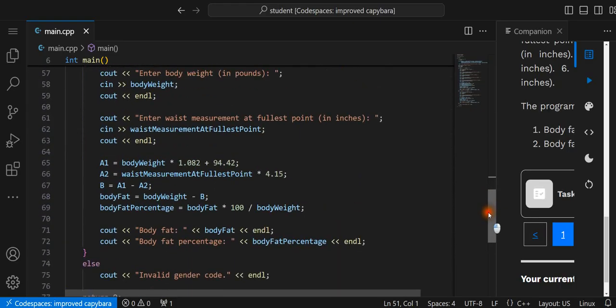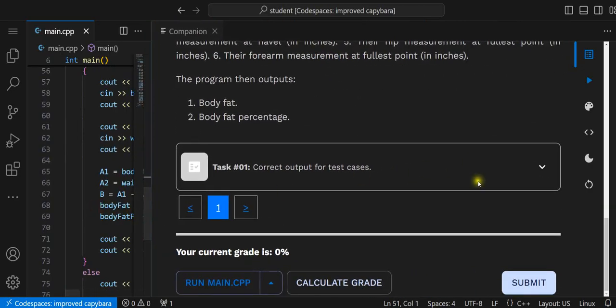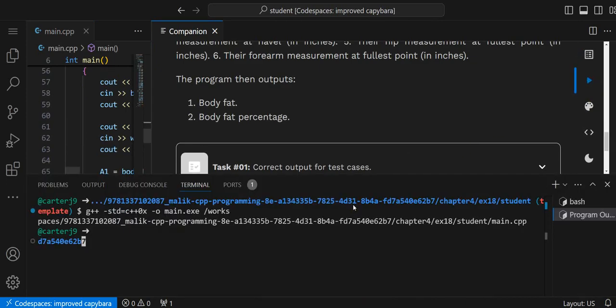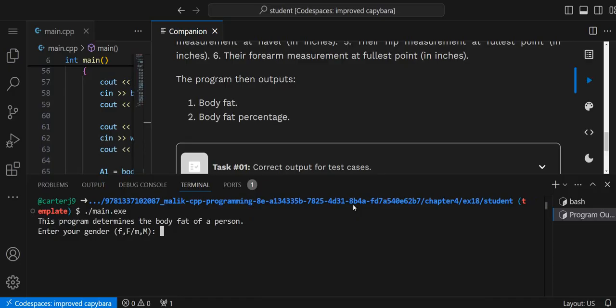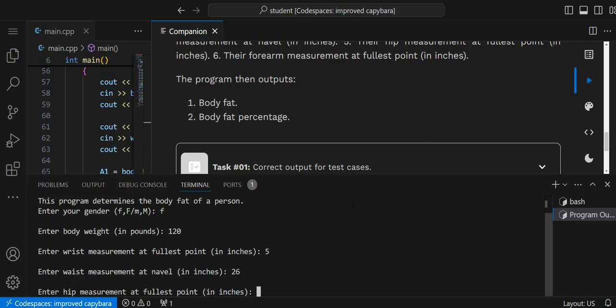All right, so let's go ahead and run this baby, then we'll take you to the code if you need more time with it. Let's run. Gender F. Pounds 120. Wrist measurement 5. Navel inches 26.